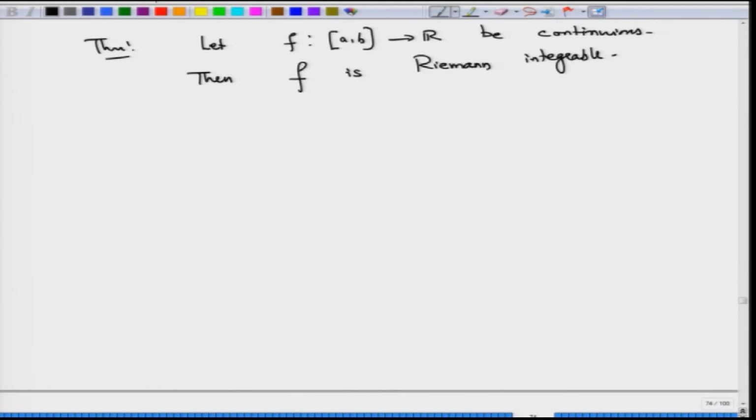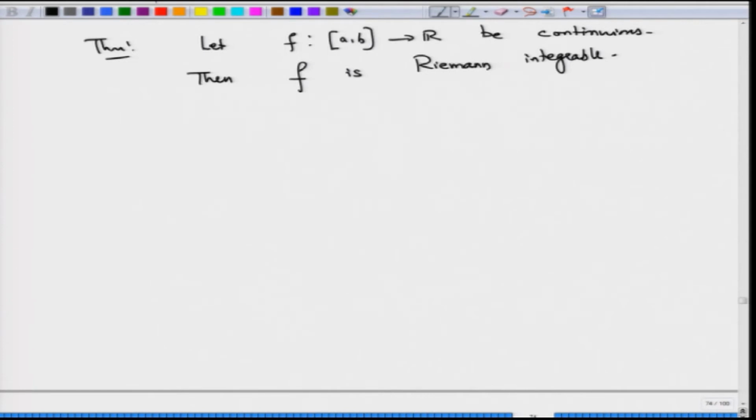This is a pretty decent result: any continuous function is Riemann integrable. I am not going to give the proof for this because it involves a little technicality of the behavior of a continuous function on a closed and bounded interval.